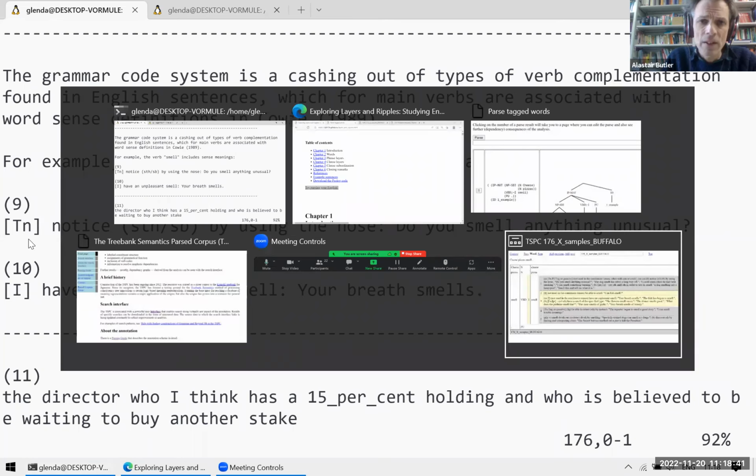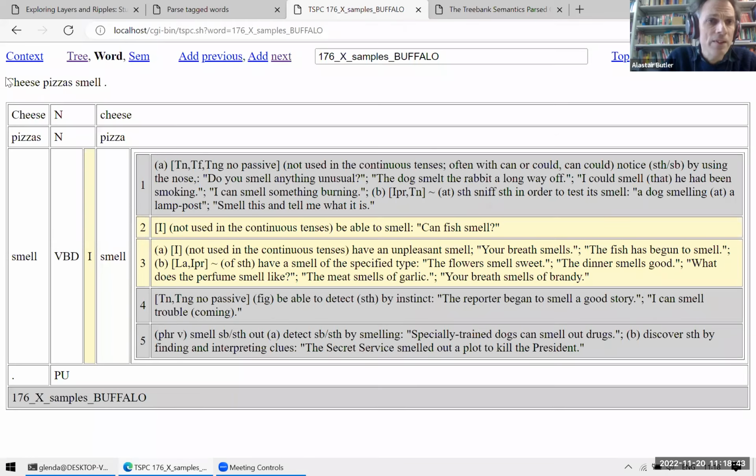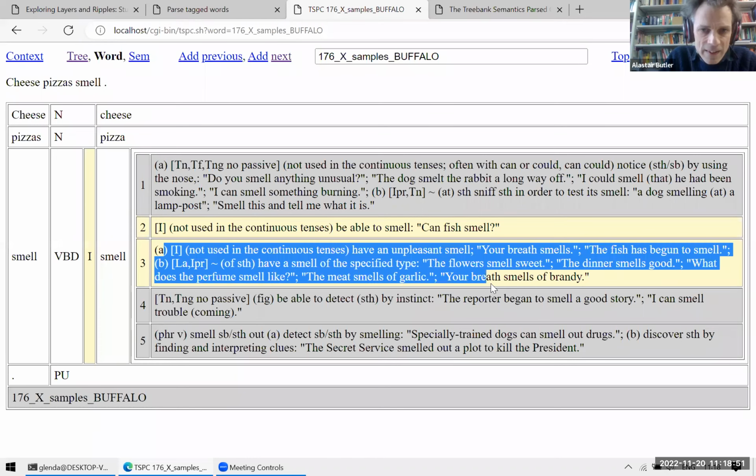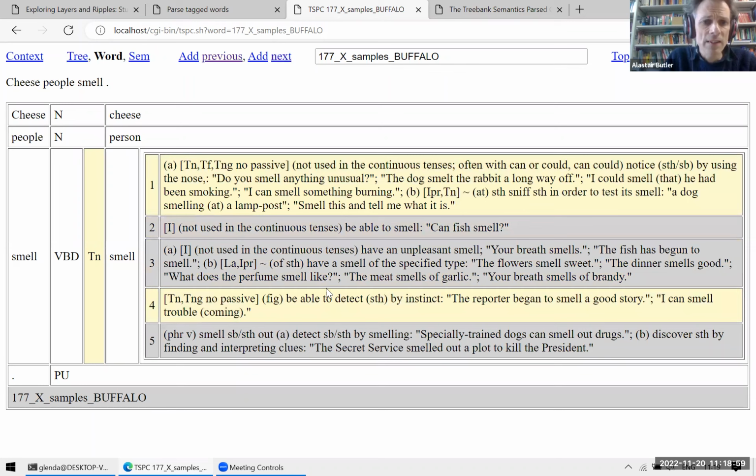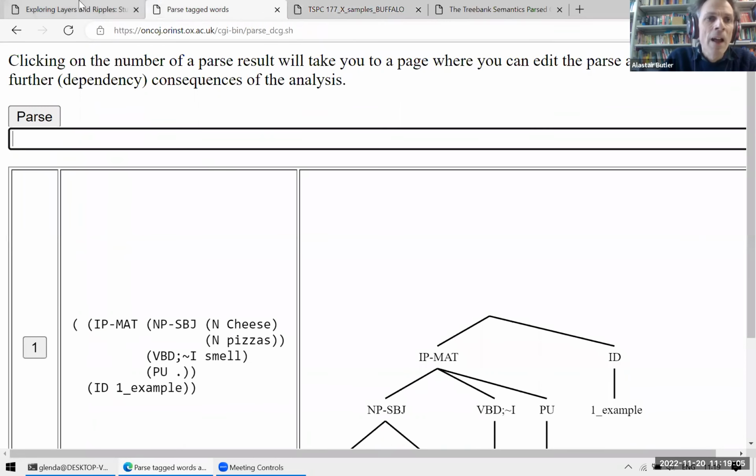So here we have "cheese pizza smells", analyzed with an intransitive verb, and bingo, we isolate the correct sense. If we go to the alternative analysis, we see the flip side, where we get the alternative sense. I've only got 15 minutes left.